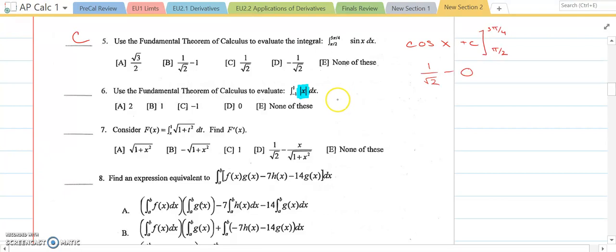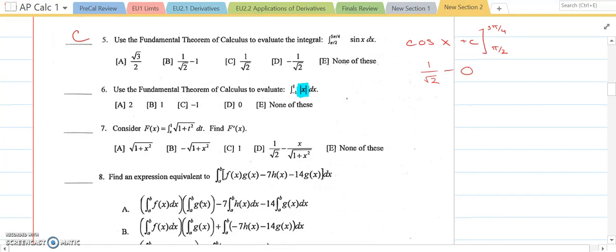What we talked about back in the limits chapter is that if you have an absolute value, you turn it into a piecewise function. Same thing is going to take place now. We need to split this thing up. Let's go from -1 to 0 using negative x dx, and from 0 to +1 of positive x dx.